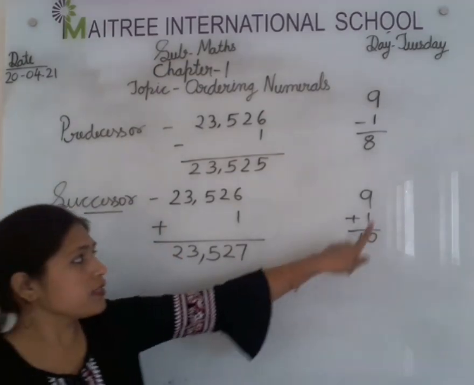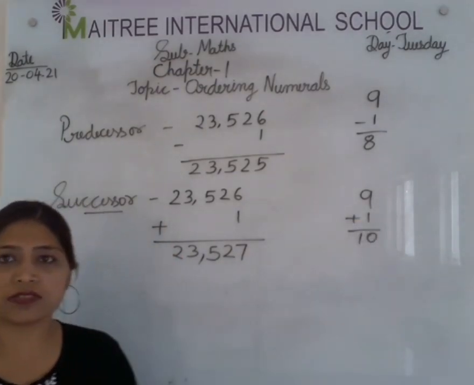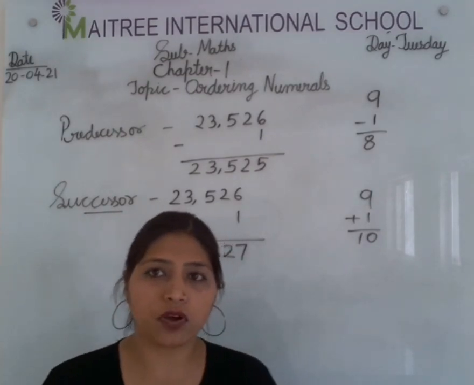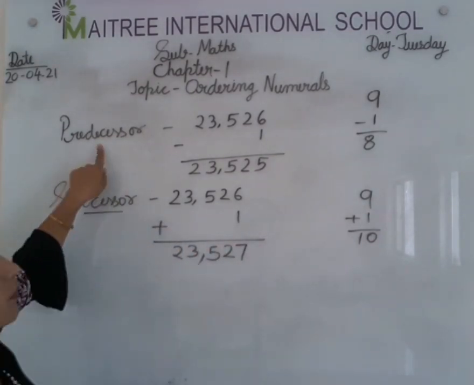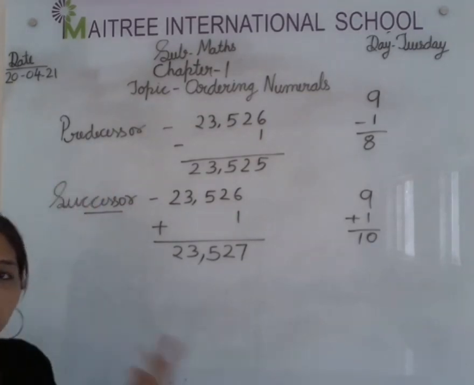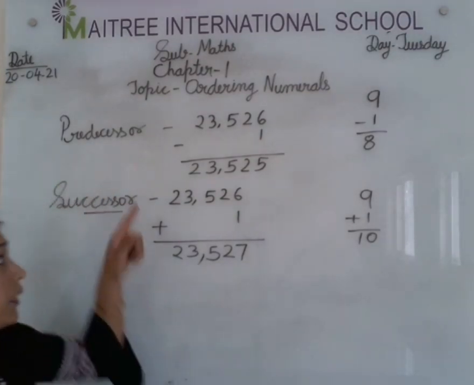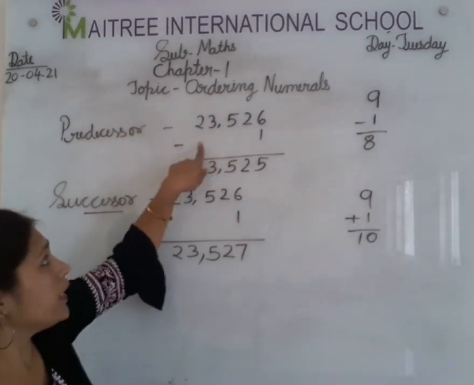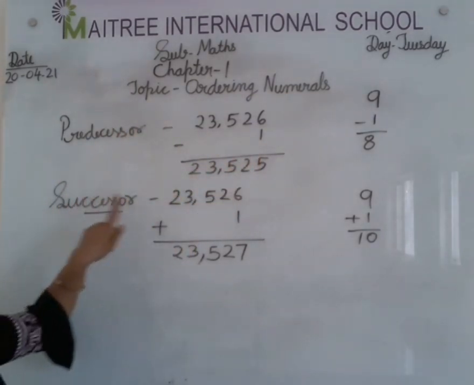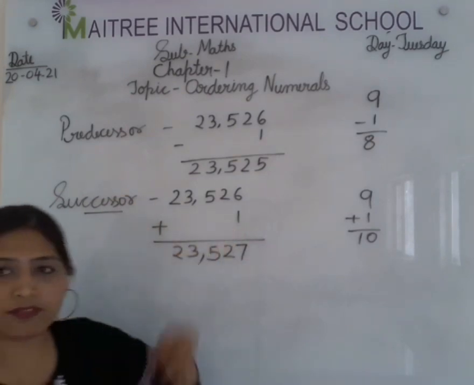So 10 is the successor of 9. These are the two important new terms for you. Predecessor means just before number, and successor means just after number. To get the predecessor, you subtract 1. To get the successor of any number, you add 1.